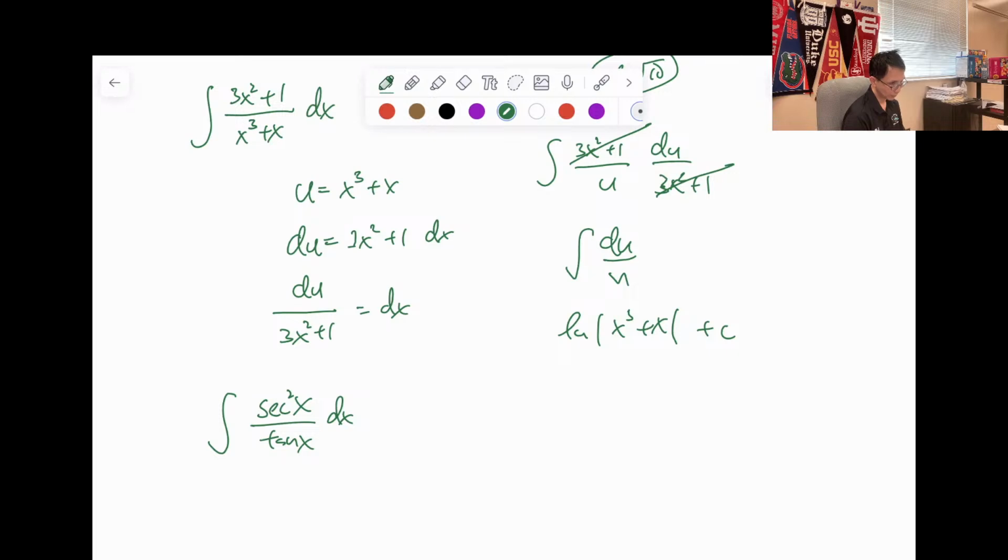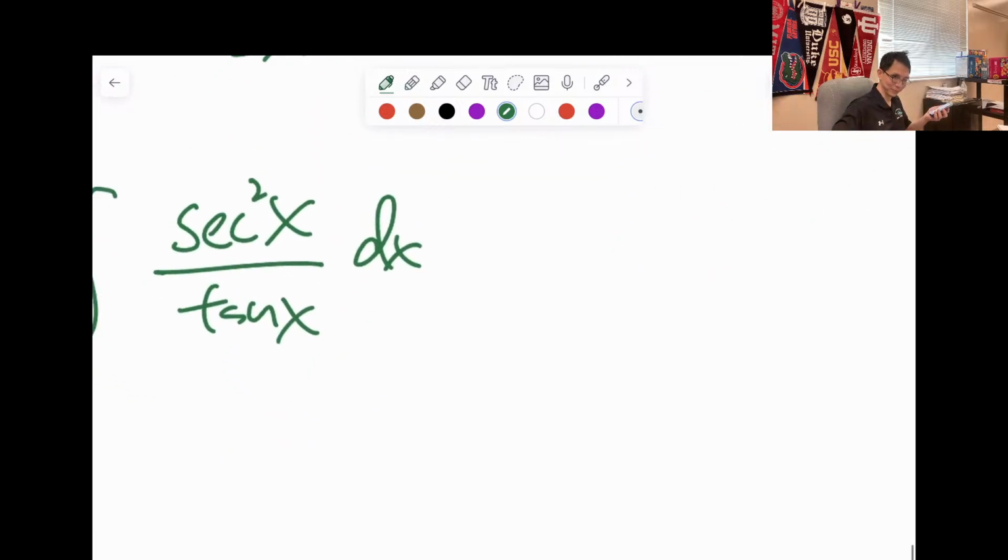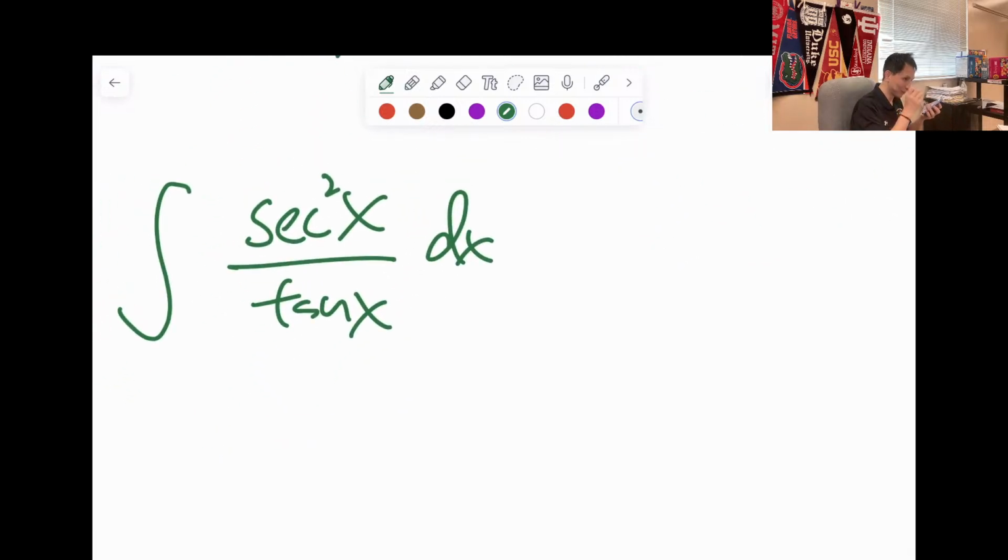Is it a secant squared or a secant cubed? Secant squared. You need glasses.